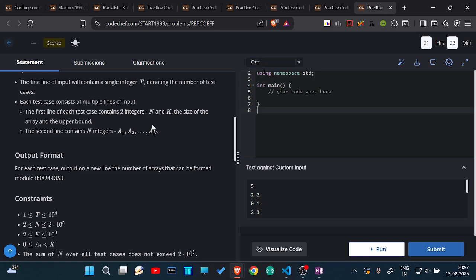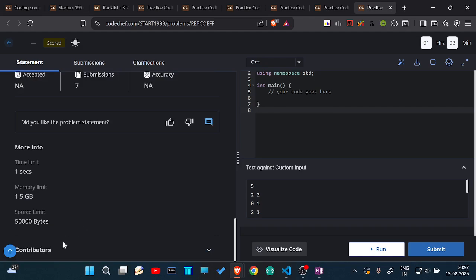We fix the length, maybe. So this is clear, okay. Understandable also. GCD is quite clear.